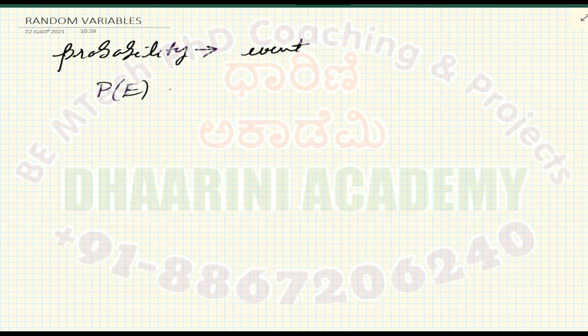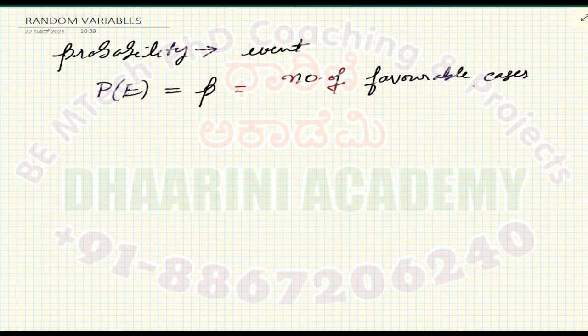We need to recall that P of E, also denoted as a small p, is the number of favorable cases divided by the number of possible cases.